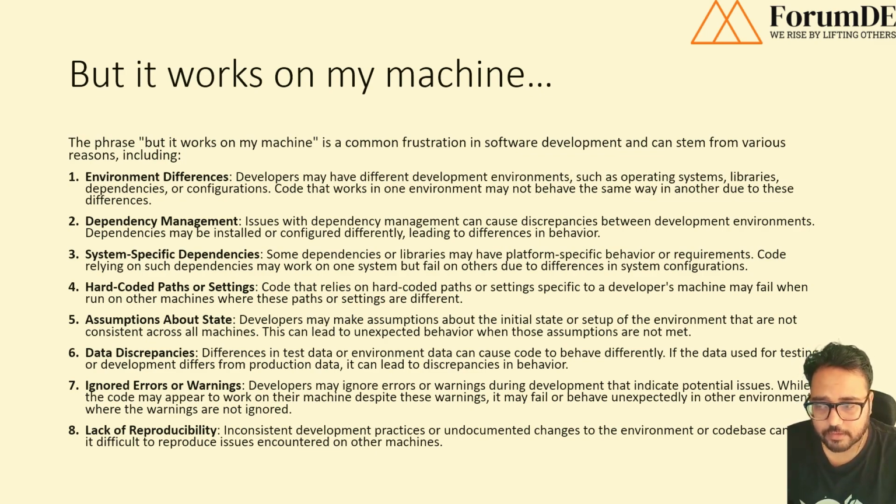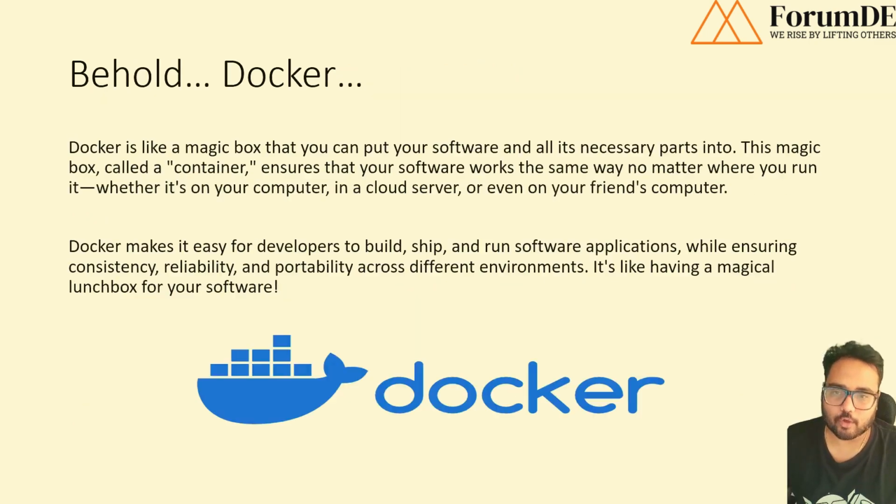So that can be one reason why it works on one machine and not on the other. Then there can be hard-coded paths or settings. Again, there can be some assumptions about the state. A developer might assume that this software is supposed to run on a Windows machine and might have coded the software in a way that it is supposed to run on Windows only, and it does not run on Linux. So that can create some problem, and then there can be other reasons as well. Most of these reasons of software not working on a machine are solved by Docker.